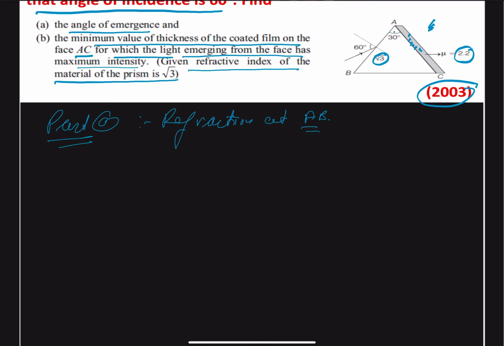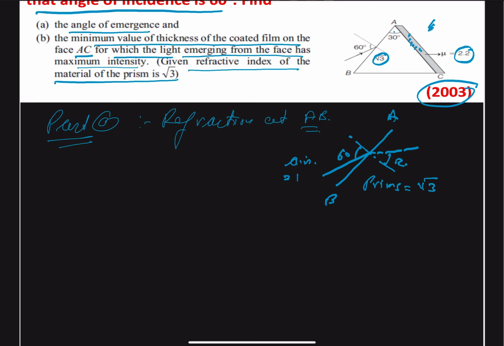And let us draw an approximate figure. This is our AB. This will be a normal, angle of incident is given as 60 degree. And let us suppose it is refracted in this direction. So this will be an angle of refraction. Okay. So here we have air, and this is our glass, that is a prism. Air refractive index 1, prism refractive index is given as square root of 3.